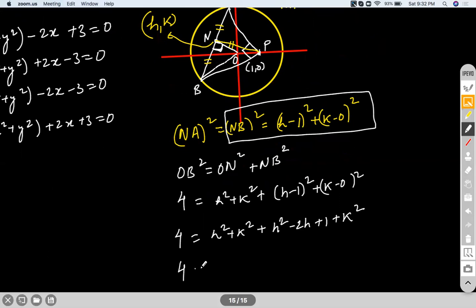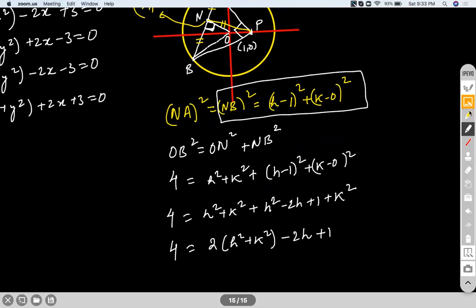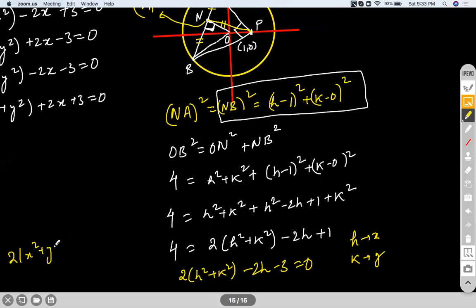Grouping the terms gives 2 times H square plus K square minus 2H plus 1. Bringing all the terms to one side, 2H square plus K square minus 2H minus 3 is equal to 0. Just replace H with X, K with Y. So your desired answer will be 2x square plus y square minus 2x minus 3 equal to 0.